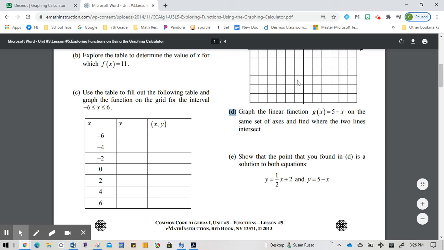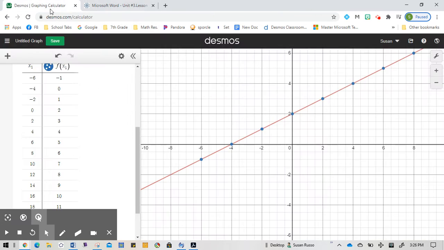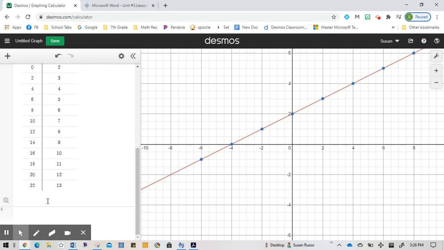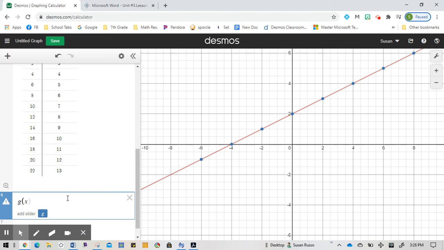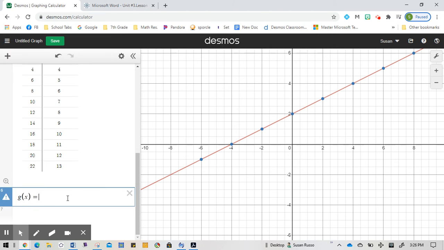Question D here says, on the same set of axes, and you should draw what we have on Desmos, draw that onto these axes. It says graph the linear function. Now it's calling it g of x equals 5 minus x on the same set of axes and find where the two lines intersect. Well, okay, I can do that. Right below this table, I'm just going to click on the next line, and I'm going to do g of x equals 5 minus x.